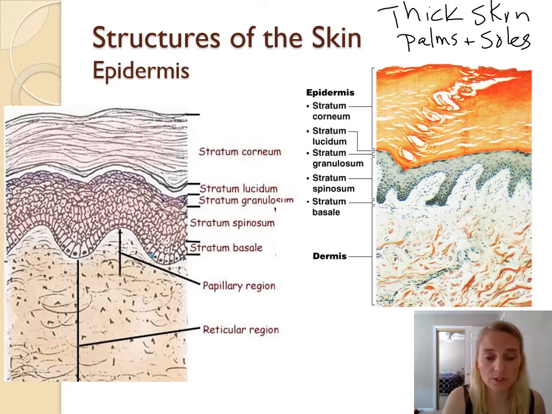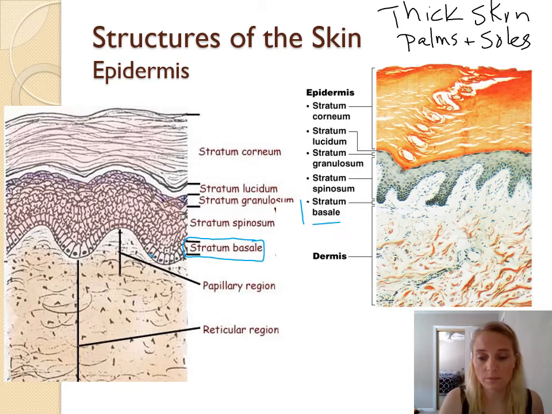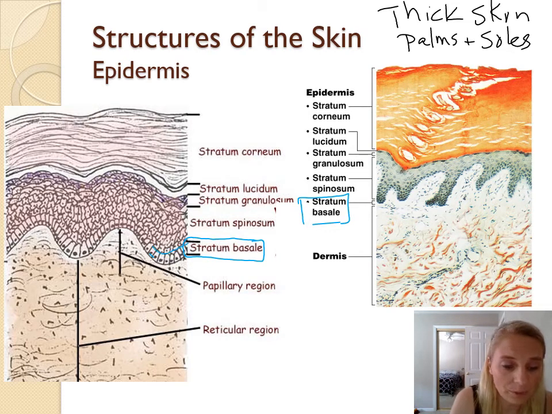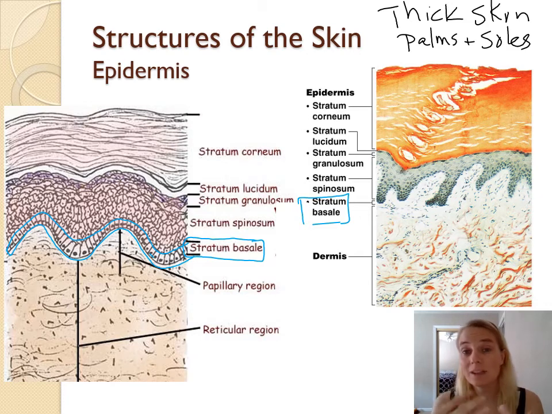Okay, so the first stratum is called stratum basale. It means base layer, the bottommost layer. So I'll highlight that with my blue marker here. It is the very bottom layer of cells that's attached to that basement membrane. They're stem cells. They're actively going through mitosis, replacing cells that are lost at the surface.